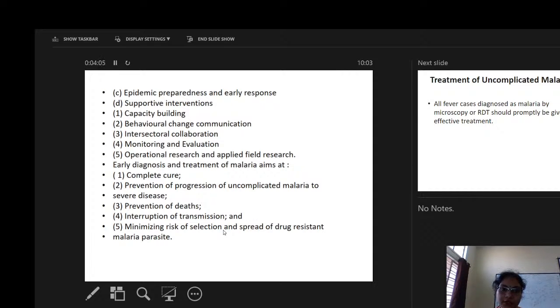But behavioral change communication is health education plus the follow up. It's like a follow up of case. So you do a health education again after 2 months. Again, you go to the community and ask questions and observe how they are. Is there any change after your education?